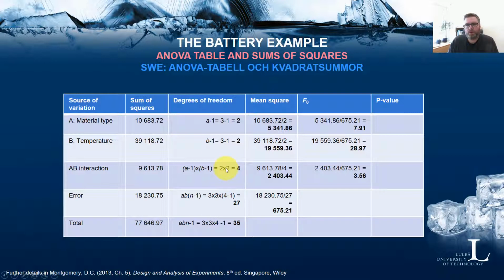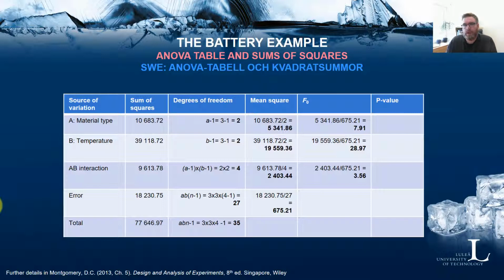I will go through this quite quickly here. The error component we can calculate as AB times n minus 1, which is 3 times 3 times 4 minus 1, equal to 27. And in total we have 36 observations in the experimental design, and 35 degrees of freedom in total.